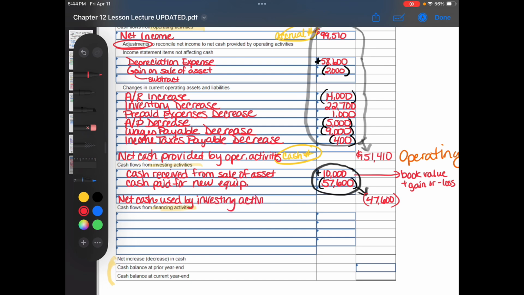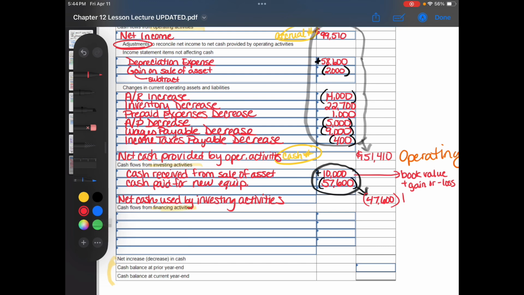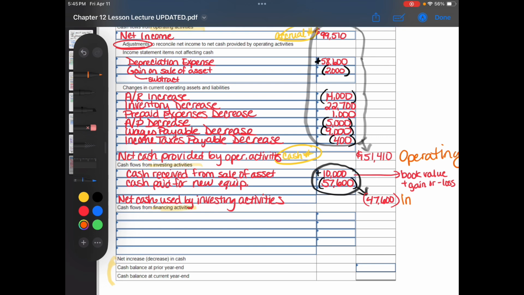And then I will just highlight that off to the side by using an orange color, right? So we're going to make that really big and we're going to write investing there. That way we've got those numbers bright. Here we go, investing.